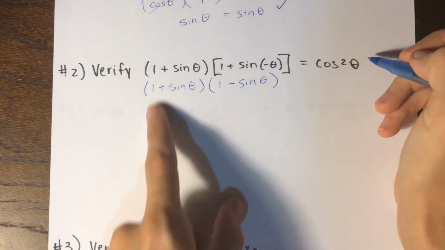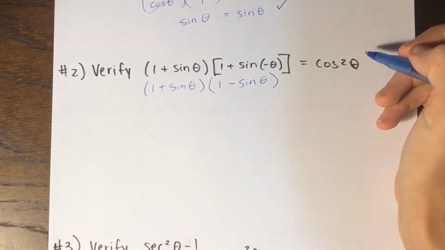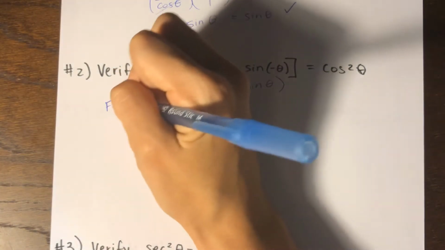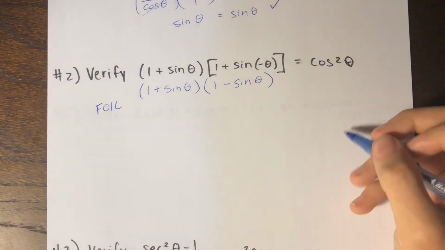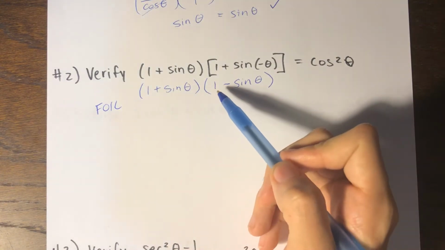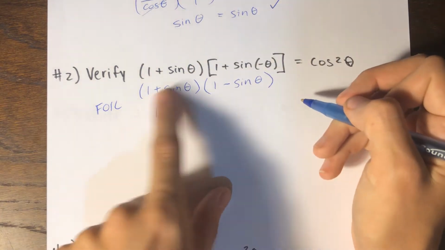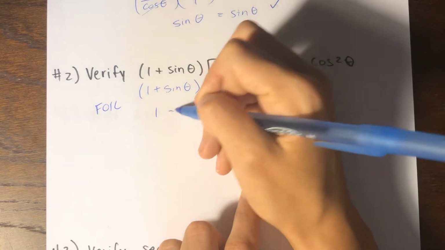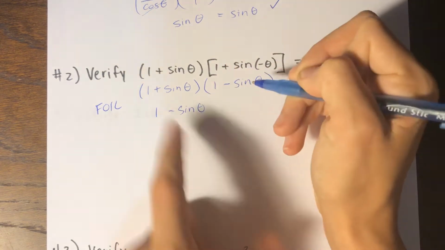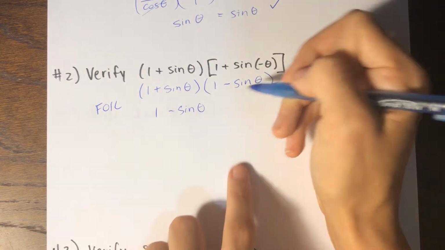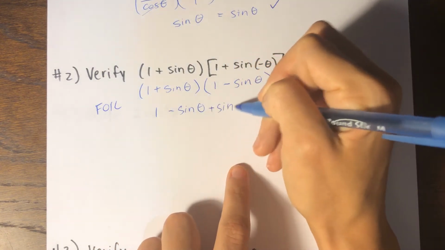Now if I were to FOIL, first, outer, inner, last, we do 1 times 1, which is 1. 1 times negative sine theta gives negative sine theta. Sine theta times 1 is positive sine theta.